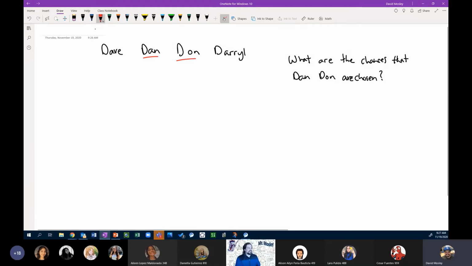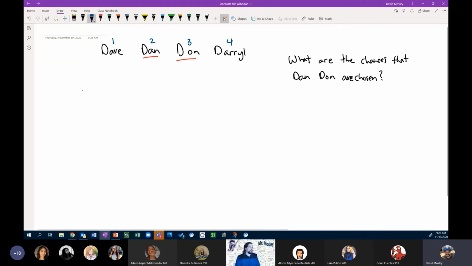We're looking at the probability that these 2 guys get chosen. To make this easier, to create my sample space, I'm going to label Dave as 1, Dan as 2, Don as 3, Daryl as 4. To create the sample space, I need all the different possible combinations of 2 people being chosen.